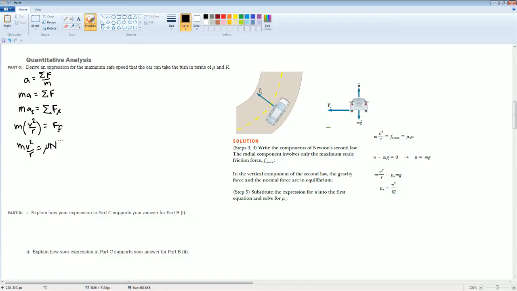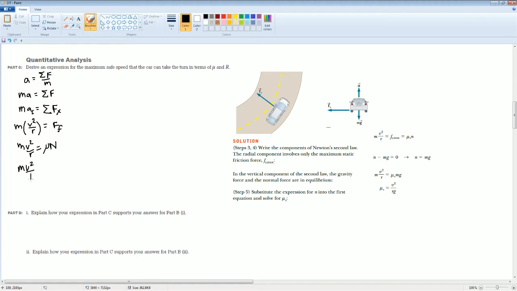So let's see what we can do here. It looks exactly like the way this equation is set up in your book if you take a look. Now our goal is to solve for v. There's a couple things that you can do here.